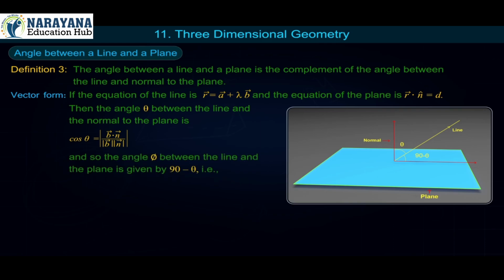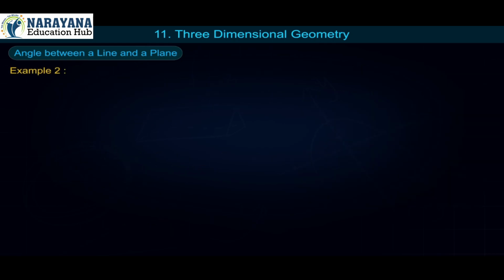And so the angle φ between the line and the plane is given by 90 − θ, that is, sin(90 − θ) = cos θ, that is, sin φ = modulus of vector b · vector n upon modulus of vector b into modulus of vector n, or φ = sin inverse of modulus of vector b · vector n upon modulus of vector b into modulus of vector n.